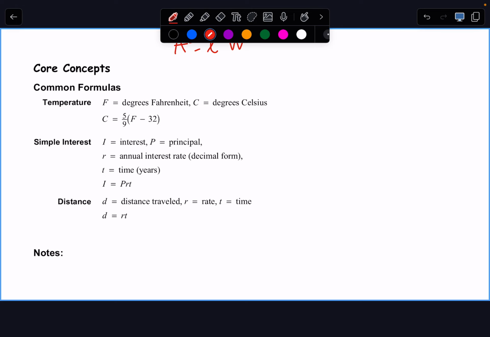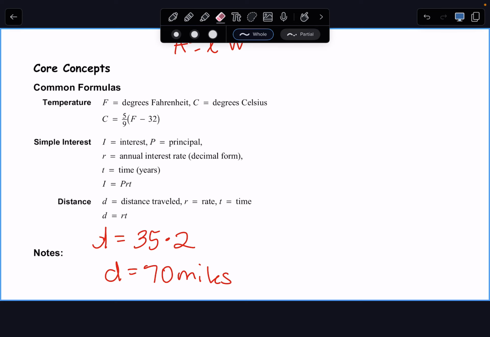So like if I'm going 35 miles per hour for 1 hour, then I'm going to travel 35 miles. So like, if I'm going 35 miles per hour for 2 hours, then I'm going to go 70 miles. That's what that does. Okay? I like to do that when I'm driving.